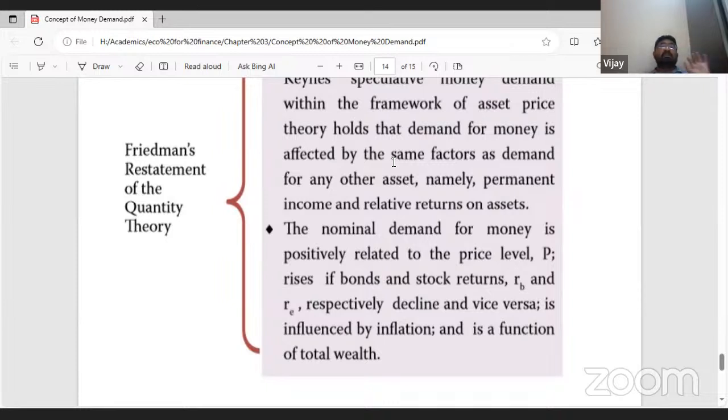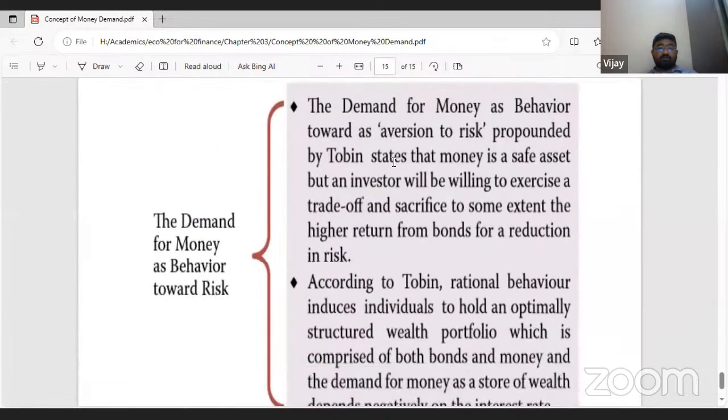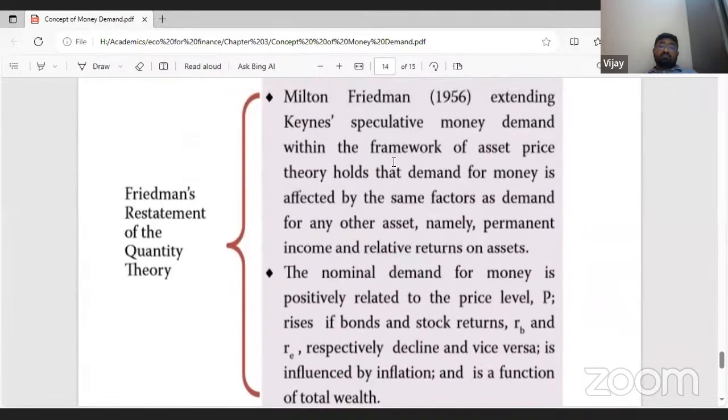So 10 rupees will be the dividend, divided by the market return on investment, the normal return, which comes to 8%. 10 divided by 8%, the equity share price will not be 100, it will be 125. So this is what is given by the Milton Friedman approach.